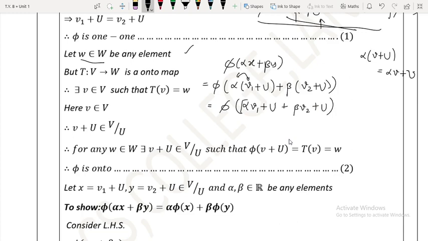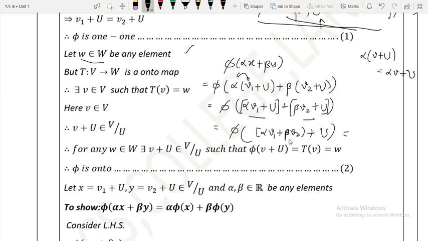This is one coset, and this is one coset. How do we add two cosets? Simply add the representatives. So alpha v1 plus beta v2, plus U.